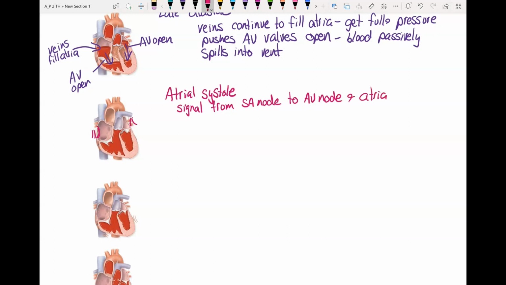And remember the gap junctions? As the signal spreads from the SA to the AV node, the signal spreads through gap junctions to all of the muscle cells of both atria. And the atria contract. They have their systole. When they contract, they finish pushing the blood they have into the ventricles.